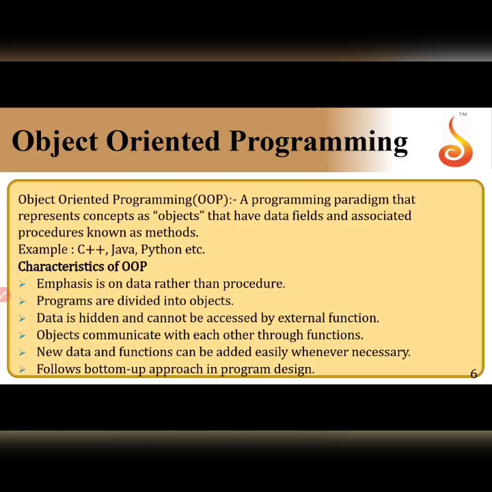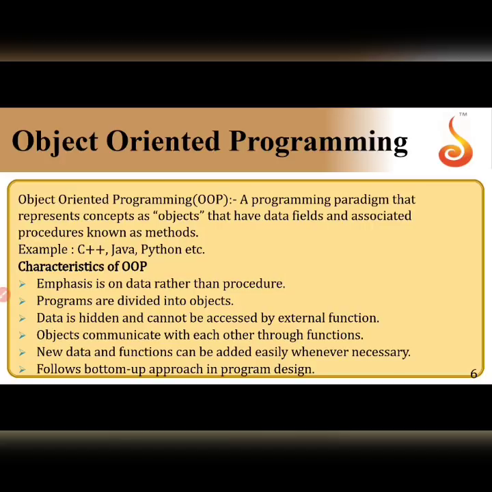Next is object-oriented programming. There are a lot of object-oriented concepts with the help of which you can write a program. It is a programming paradigm that represents concepts as objects that have data fields and associated procedures known as methods.